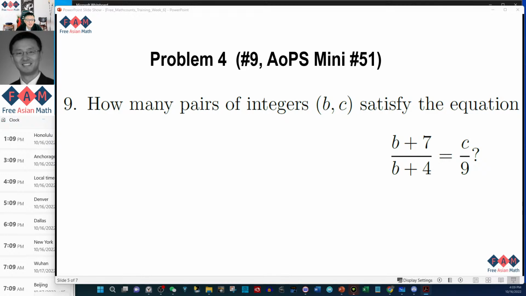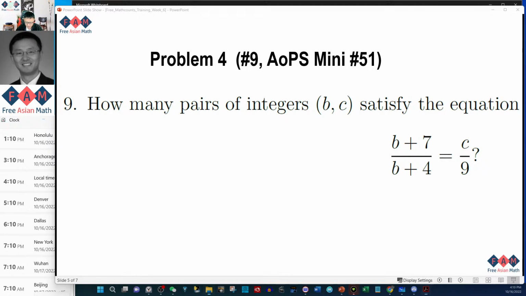But it's really about how to properly set up the algebraic expression. So it actually reduces to the so-called Diophantine equation, but it's really a number theory problem hidden in the algebraic way.